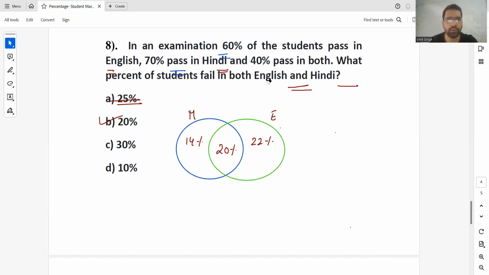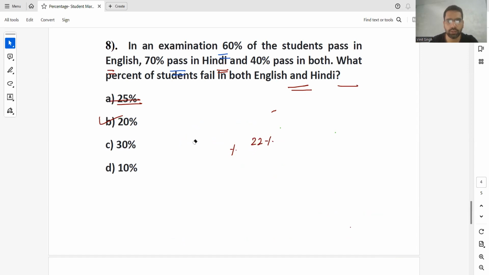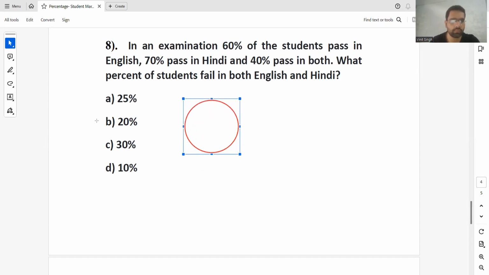Here English and Hindi are given. Now, we will form the Venn diagram again. Like that.